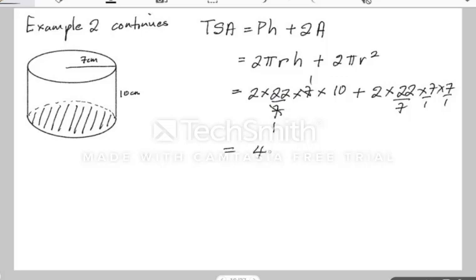This is 440, plus, cancel the 7s here and here. This is 7 times 22 is 154. 154 times 2 is 308. So the answer is 748 centimeters square. All right.